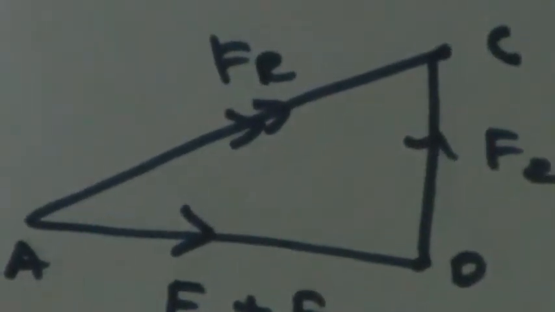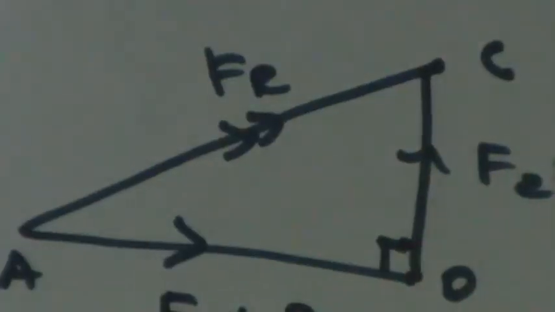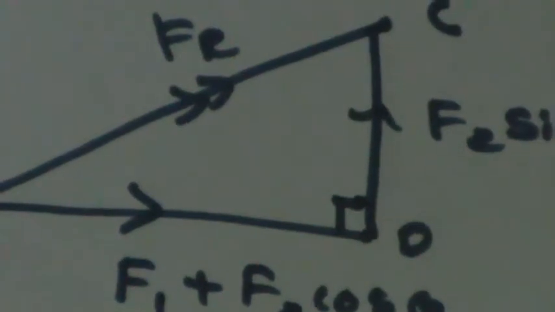I have taken this triangle as ADC. Here is A, here is B, here is C. For the ADC triangle, this angle is 90 degrees now, so I can put the Pythagoras theorem to this triangle.